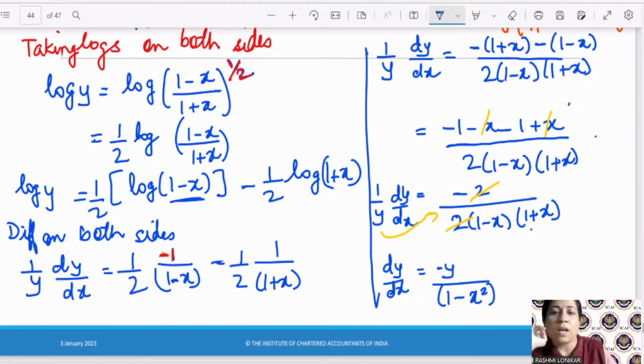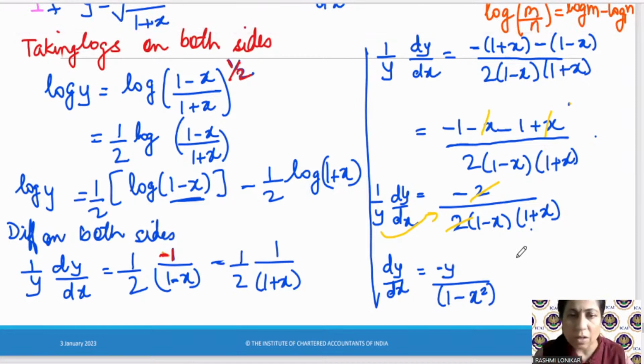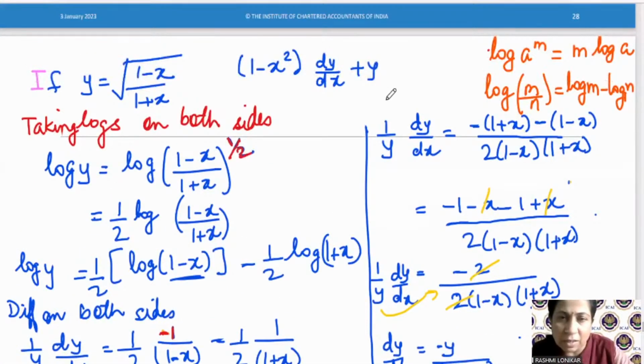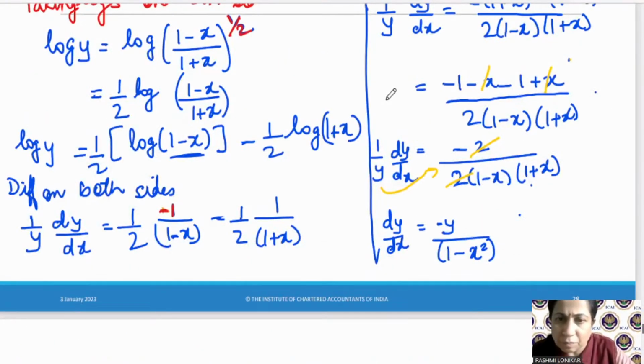Now what is important is I just have to rearrange this. They're asking me (1 minus x square) dy by dx plus y is equal to how much? So I take this 1 minus x square that side. So (1 minus x square) dy by dx is equal to minus y.